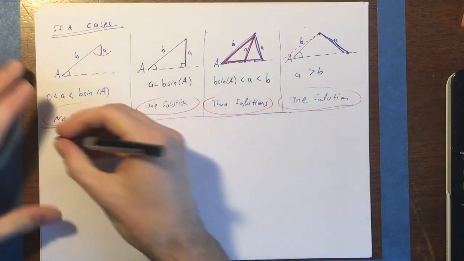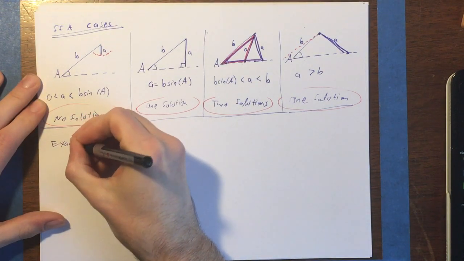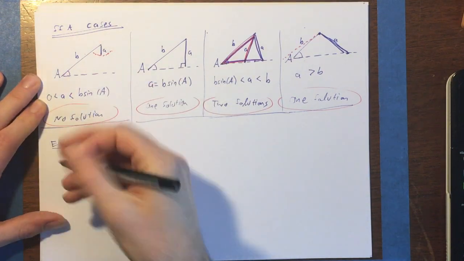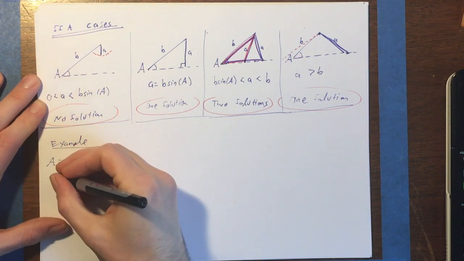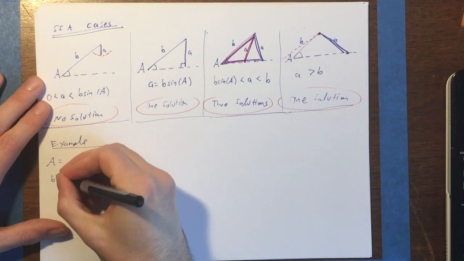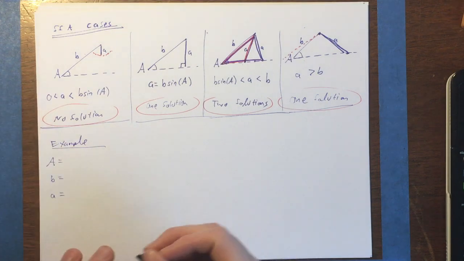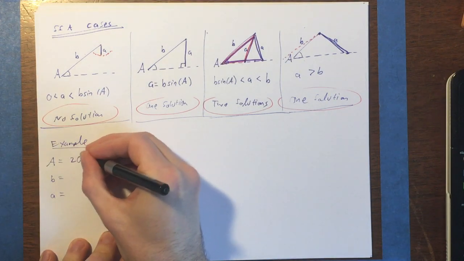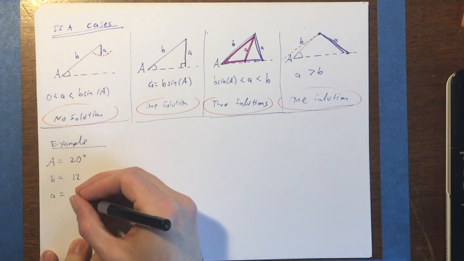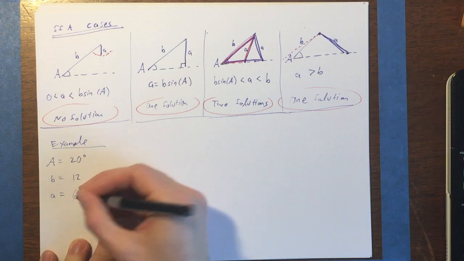So we're going to do an example where we have a triangle set up like this. We know the value of angle A, we know the value of side B and side A. And so in this case, I'm going to do the example where A is 20 degrees, B is 12, and little a is 6.